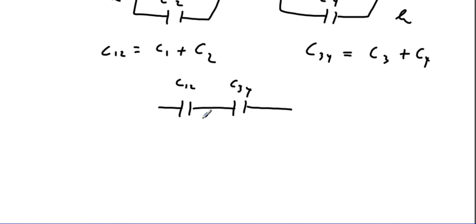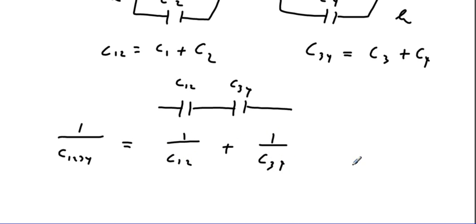The combination of those two follows a reciprocal rule: 1 over the total, C1234, is 1 over C12 plus 1 over C34.